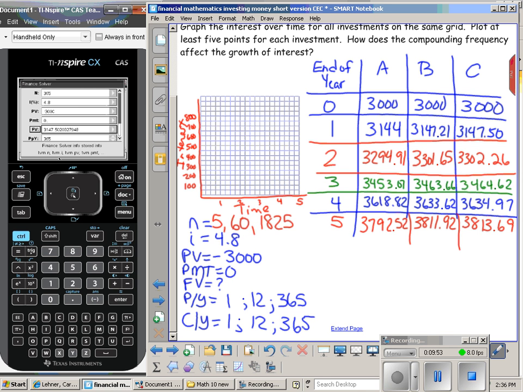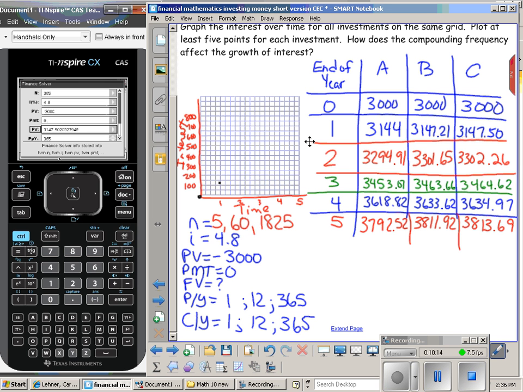and we can plot the points. So I'm going to plot option A in black. So at 0 years, they made $0. Year 1, we're almost at 100, or we're at 144, 147, oops, sorry.